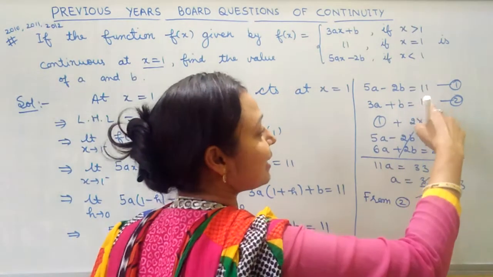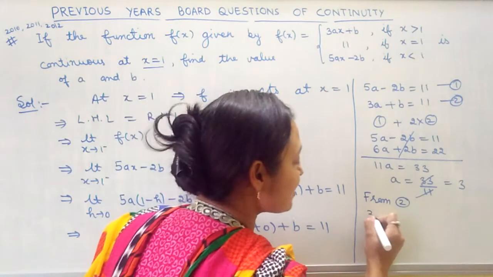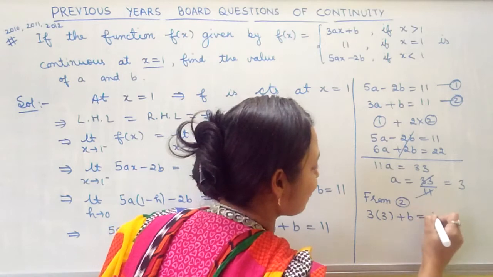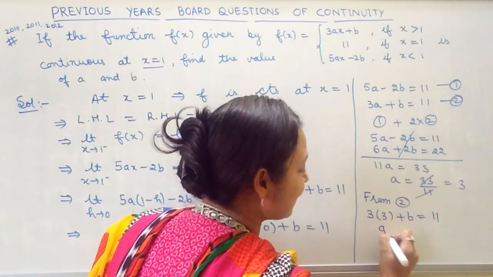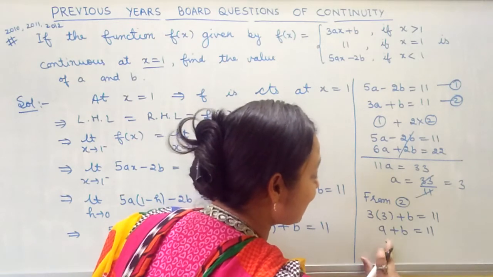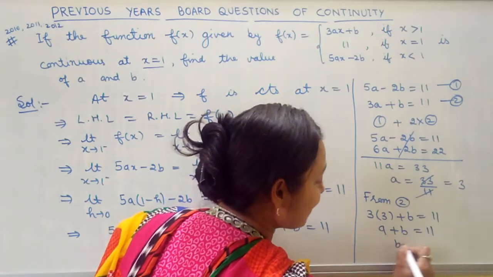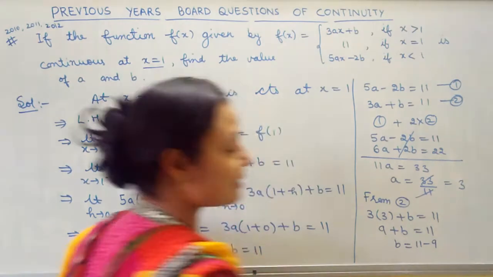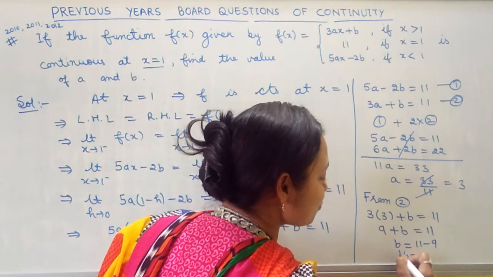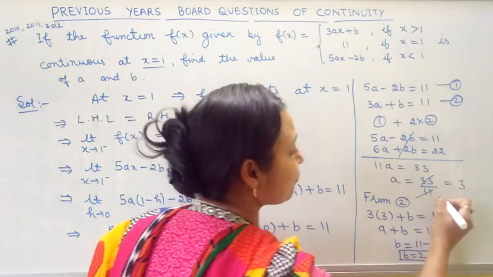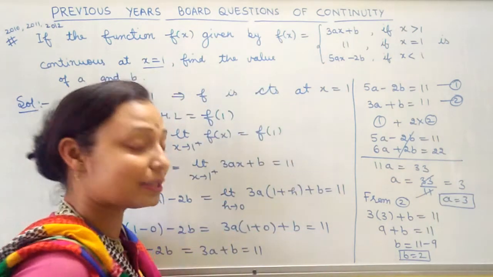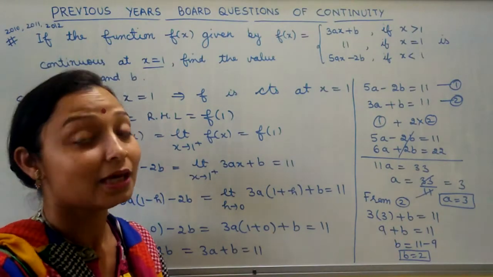Take 3a + b equals 11, with a equals 3. 3 times 3 is 9, plus b equals 11, so b equals 11 minus 9, which is 2. So we have two values: a equals 3 and b equals 2. This is the simple way to solve the question.